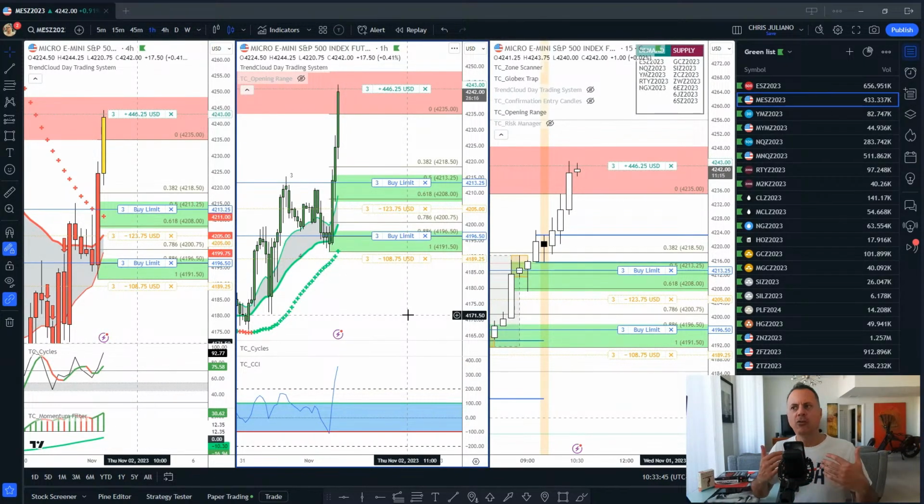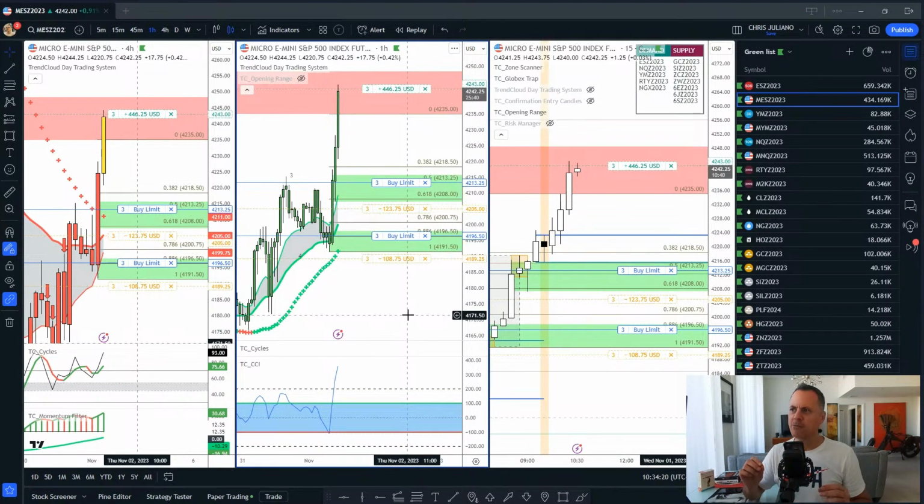You will never know what zone is going to work and what zone is going to fail. Kazi's grandma and the crystal ball, maybe they know. Your grandma in the attic with the crystal ball, she's the only one that knows these things. But you can only trade what you see. And when you follow a process that's been back tested, that works, you just have to do that.